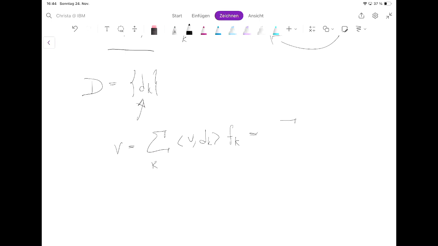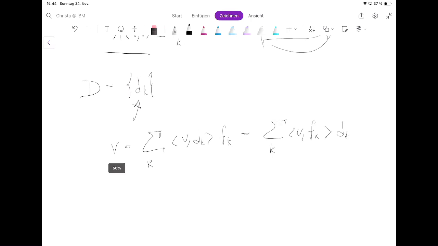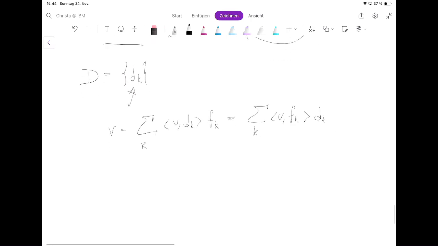Or vice versa, you project on the frame operators and you expand on the duals. Both must be valid, okay? So you see that this is a generalization of a basis, because if f or d are a basis, then this is trivially true. That's the definition of a basis, of an orthonormal basis, at least. We call this D, as I said, the dual frame.